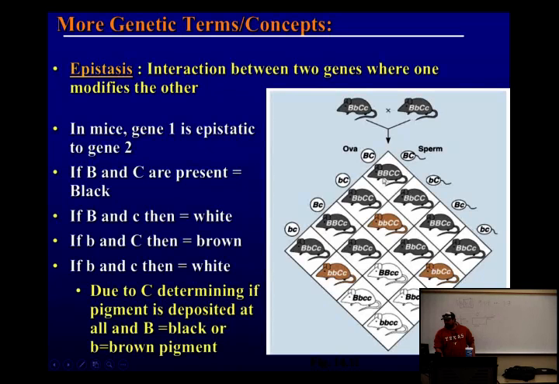So let's go over it. This one has 2 big B's, so what color is the paint? Black. And if we have 2 painters, so what color is the mouse? Black. This one is big B, little b, so what color is that? Black. And we have 2 painters, so the mouse is black. This one is little b, so what color is the paint? Brown. We have two painters, so it's brown.